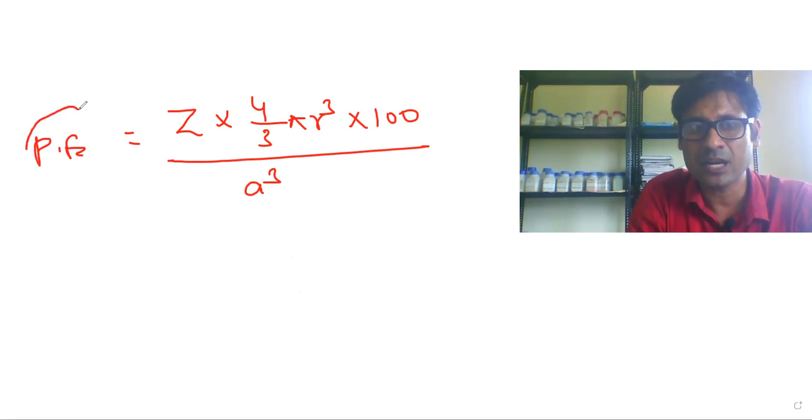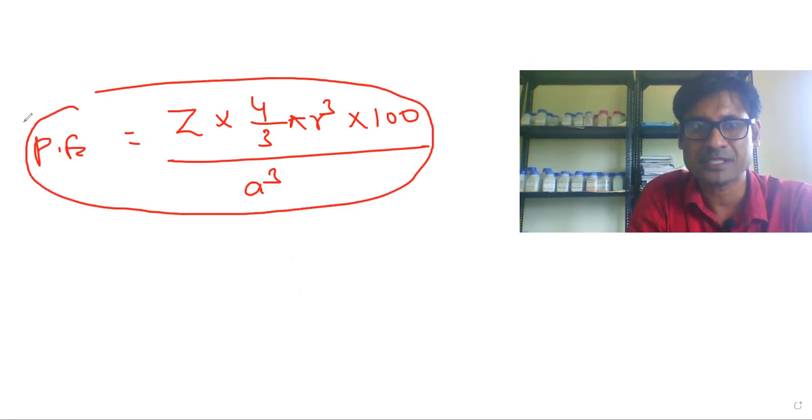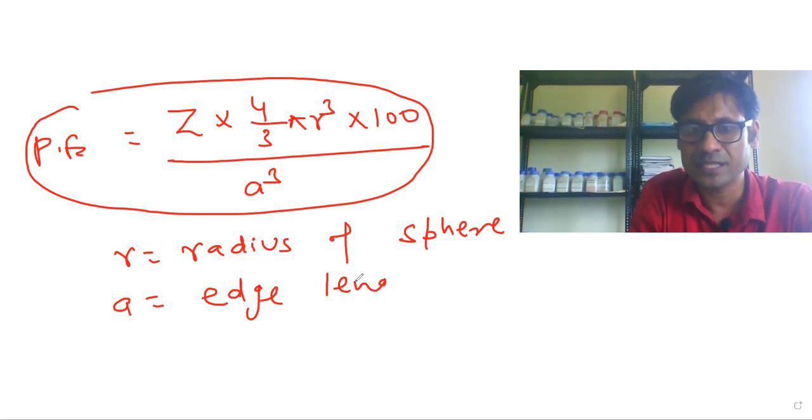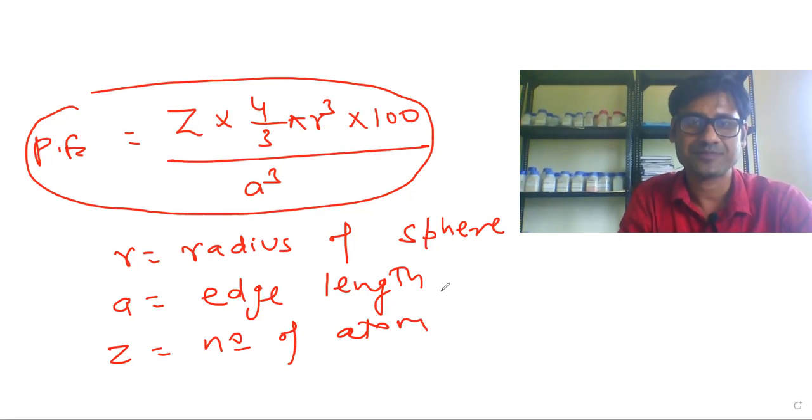Here r is the radius of the sphere, a is the edge length, and z is the number of atoms.